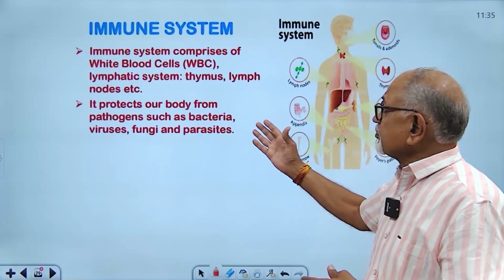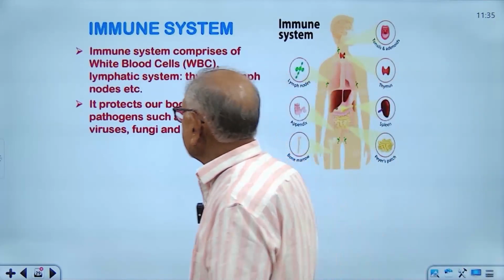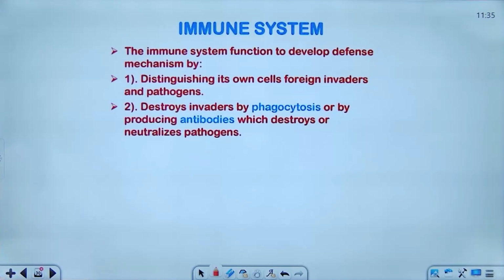It protects us from pathogens like bacteria, fungi, and parasites.